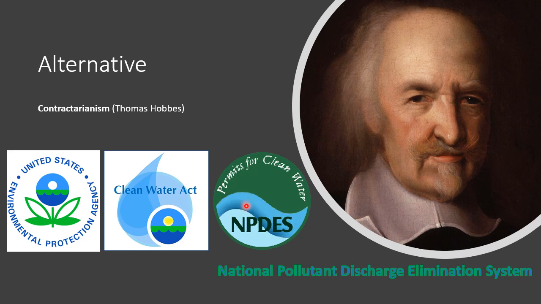And we have these NPDES permits, the National Pollutant Discharge Elimination System. Any treatment plant that has to discharge their treated water into any body of water in the U.S. has to apply for these permits, and they have to comply with them. So there are contracts. We agree that we're going to disinfect and do everything properly. So if anything does happen, we need to be honest and comply with these contracts.